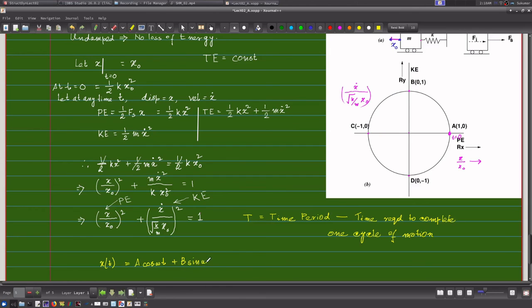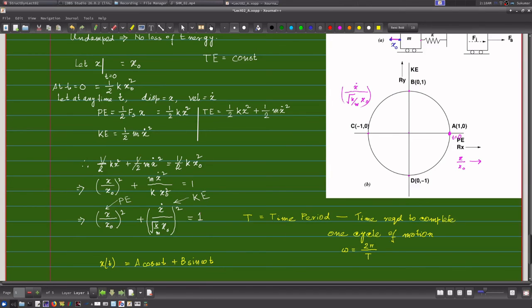where this omega is given by the circular speed of this point, and that will be given by what? It will obviously be twice pi by T. Omega is twice pi by T, because in time T the complete angular motion completed is twice pi, so per unit time the angular velocity is twice pi by T. And therefore I write x(t) equal to a cos omega t plus b sin omega t.